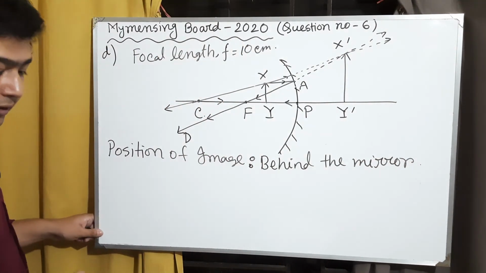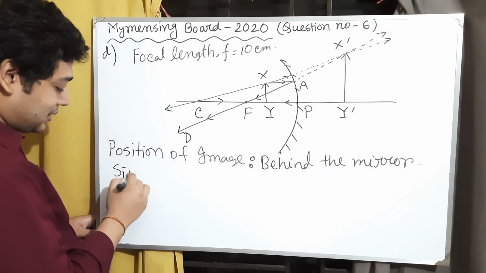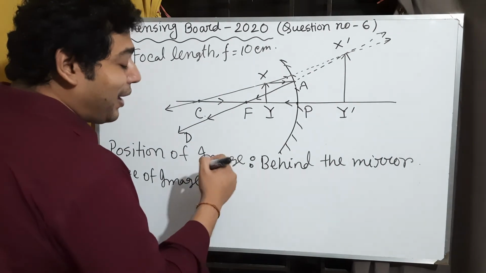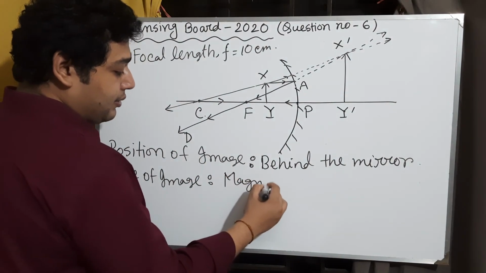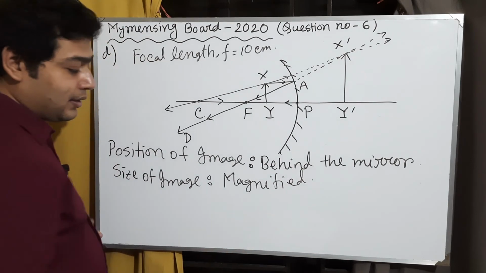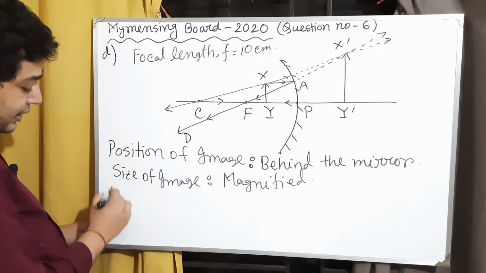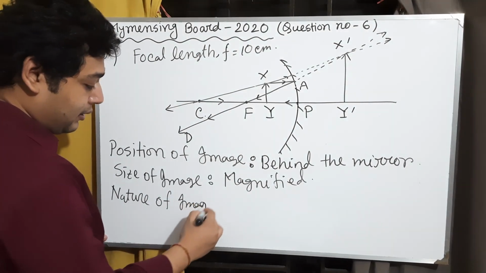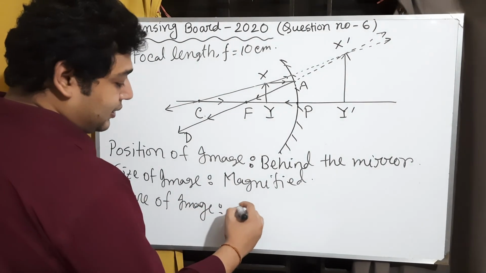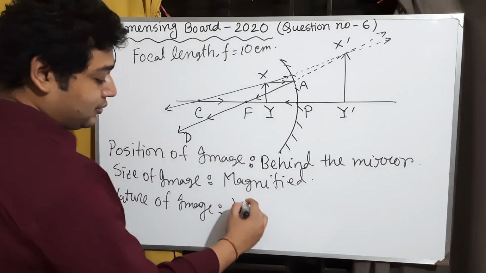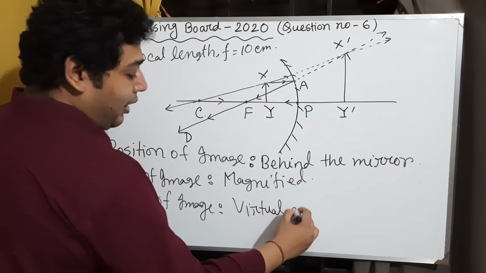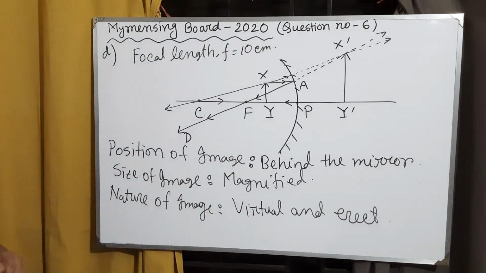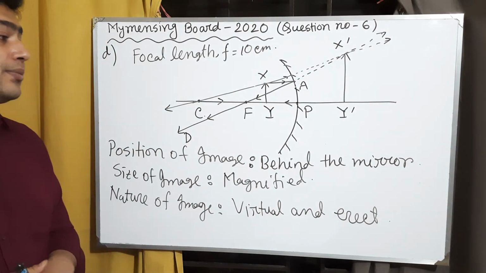The size of the image is magnified or enlarged, and the nature of the image is virtual and erect. So boys, this is our answer for question number D.